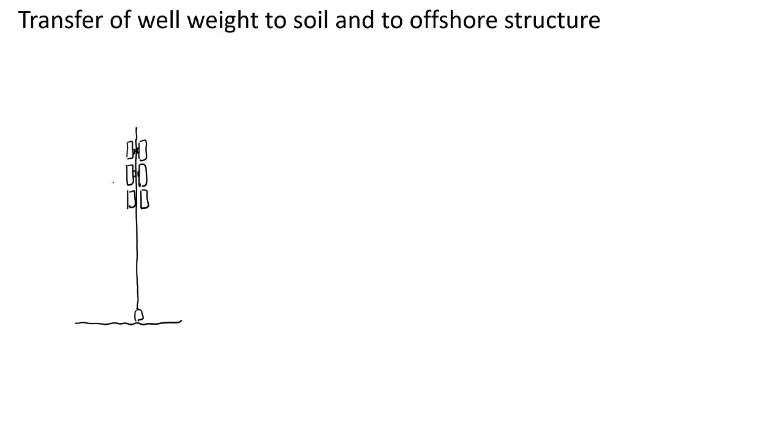And then we have the structure. For example, if it's a spar, then we have the structure, and then we have here a deck.